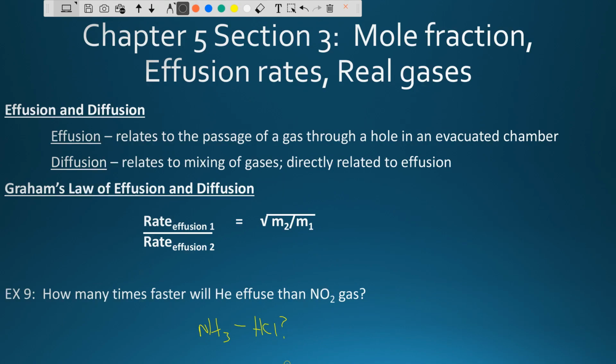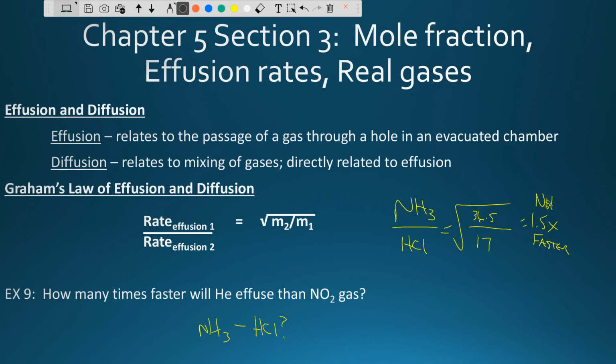Ammonia compared to hydrochloric acid is going to equal the square root of 36.5 in the numerator over ammonia, which is 17, in the denominator. Just add it all up, and I see that my ammonia is 1.5 times faster.